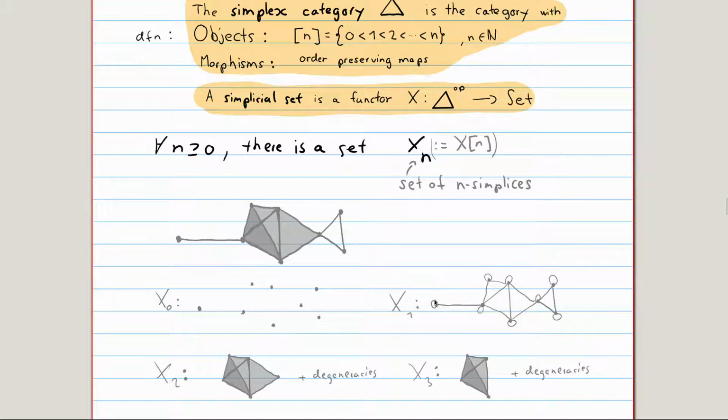We will explain later why we need them, but also have those in mind. And X_2 is going to consist of all these triangles, plus the degeneracies that arise from the lower dimensional ones, and X_3 is going to contain all the tetrahedrons, and so on.